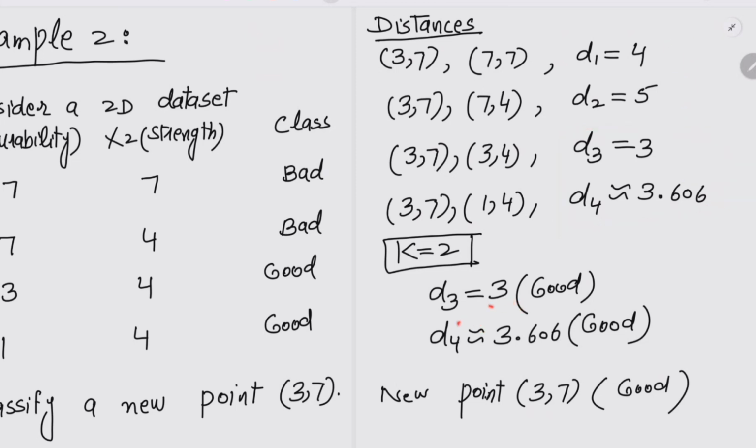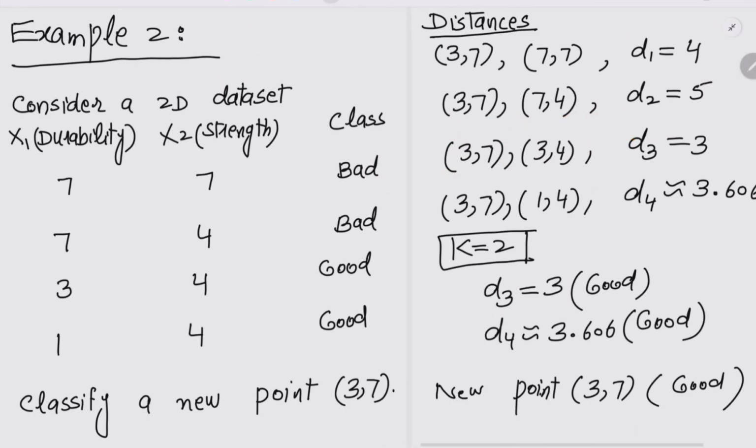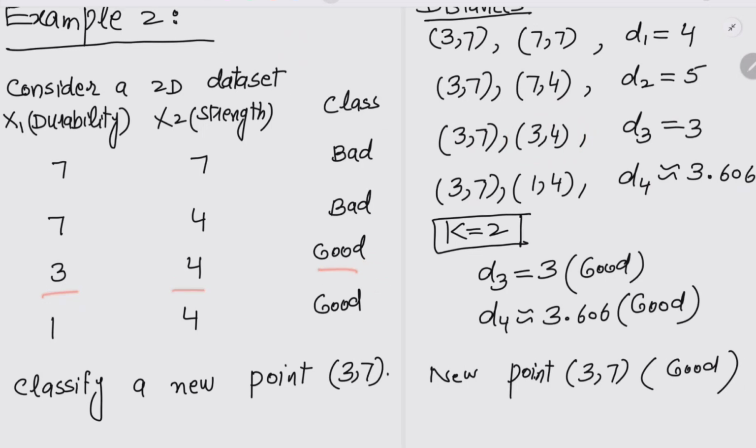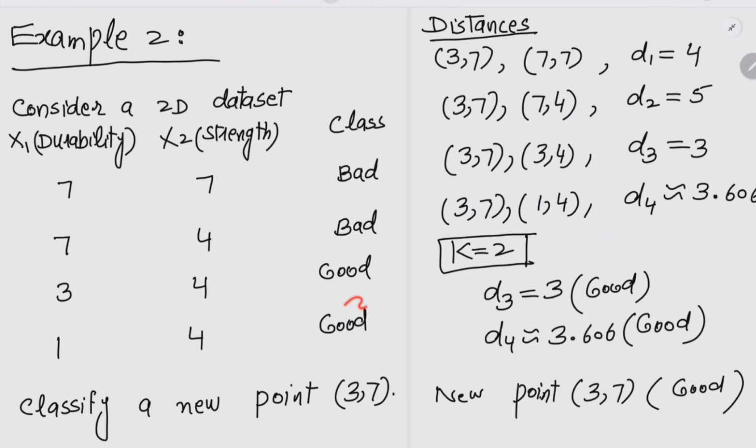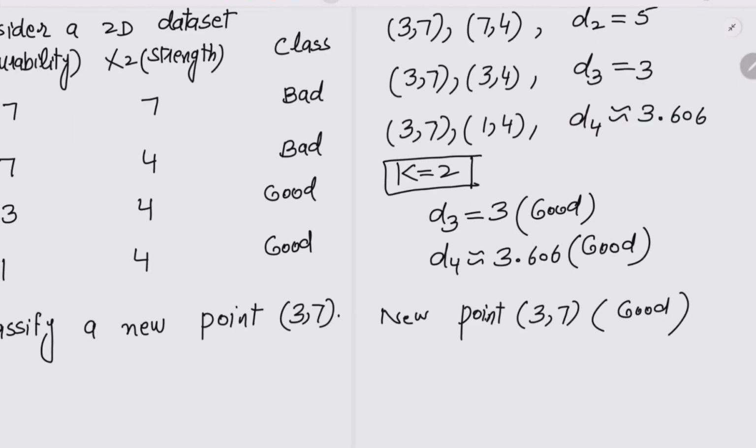D3 is 3, and we know that this point and its corresponding distance is for good. It has the class good. So 3 4, I'm sorry, 3 4, this point stands for good. And similarly 1 4 has the class good, maybe good material.